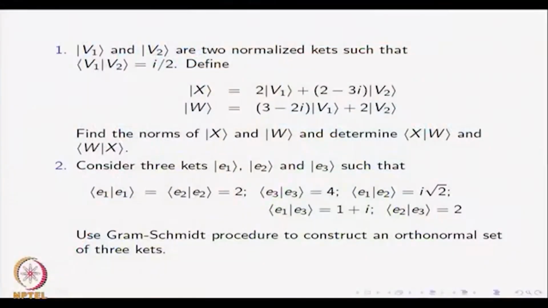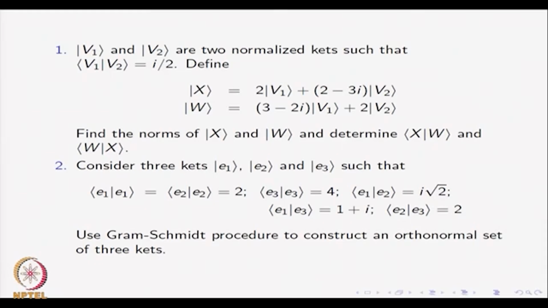Now, in the next problem, what we have here is that you are given 3 eigenkets. Okay. You are given 3 eigenkets. They are E1, E2 and E3.